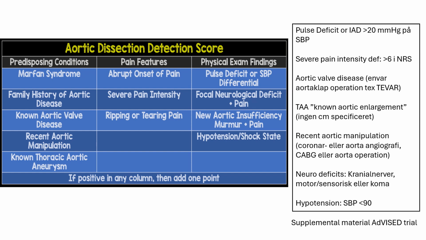One thing I always thought was a little bit odd with this score is that you can have a score of zero but still have a risk of aortic dissection. If you don't have any of these pain features, what kind of presentation is it? It's mainly back pain instead of chest pain, not necessarily abrupt in onset.